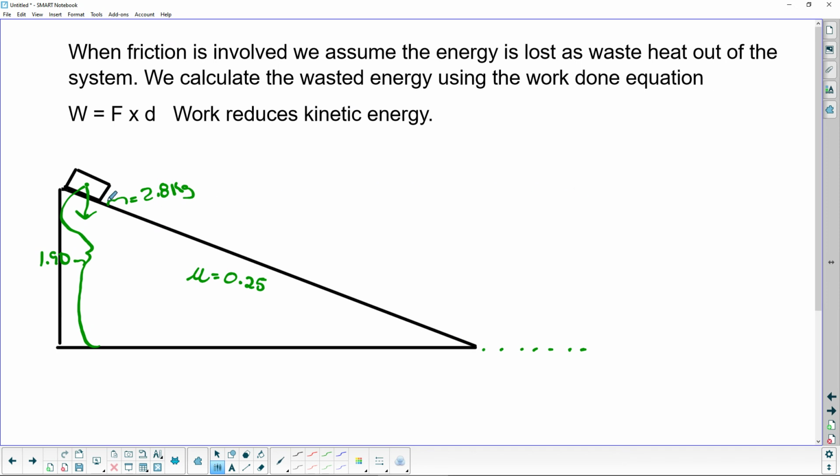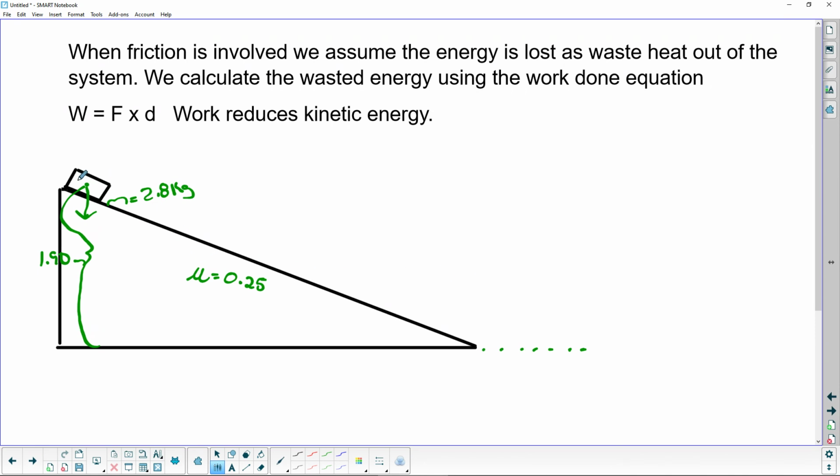And we know that the length of this ramp, because we have to know how long the thing is going to slide, because with work, we are going to figure out the force of friction against it, right?